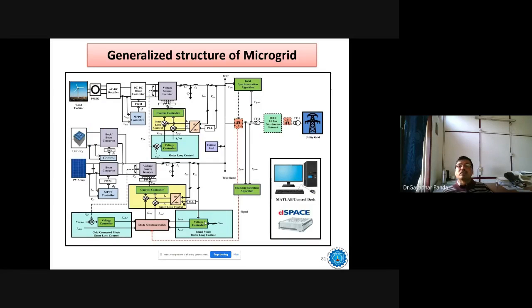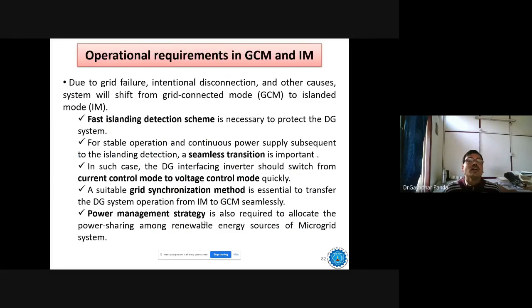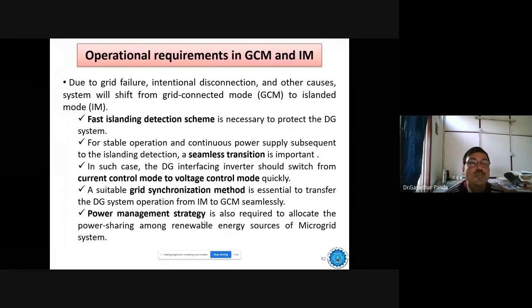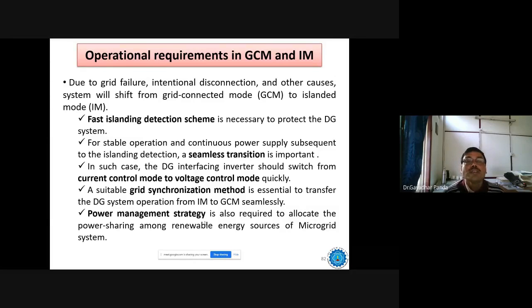Here we have shown the generalized structure of a microgrid. This is also from a published article, and we are talking about the operational requirements in going from grid connected mode to islanded mode. Due to grid failure, intentional disconnection or other causes, the system will shift from grid connected mode to islanded mode.